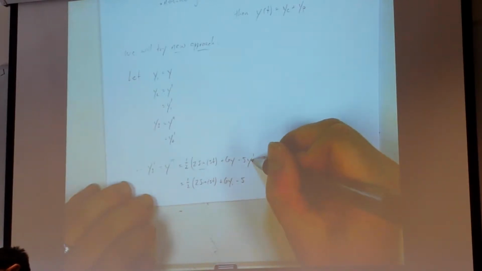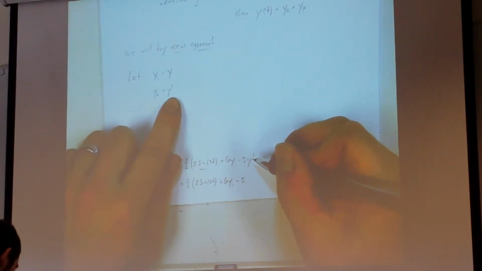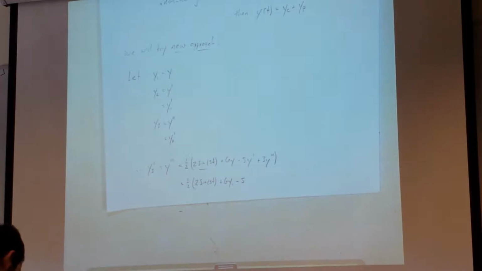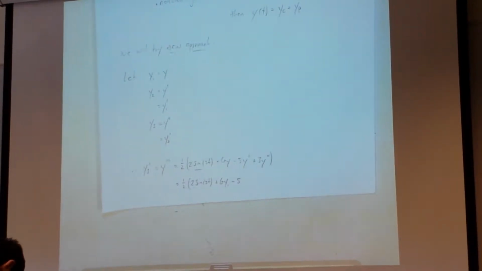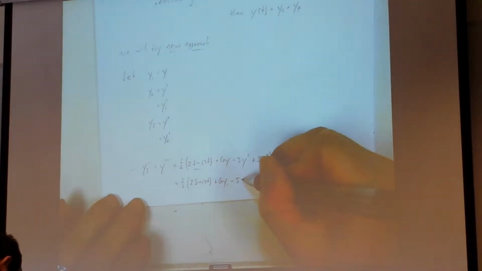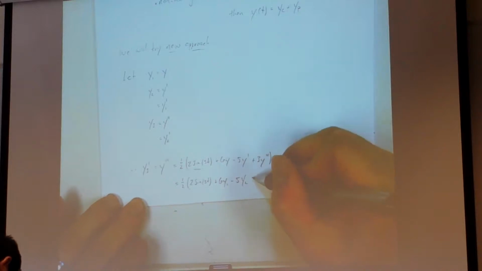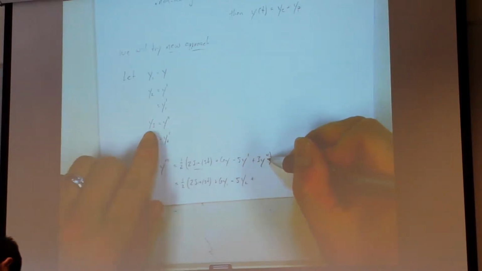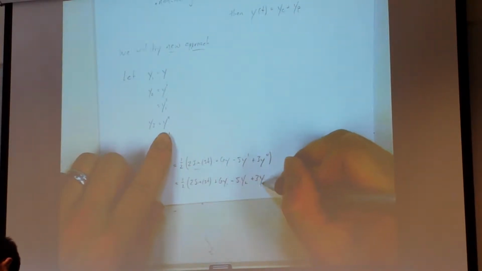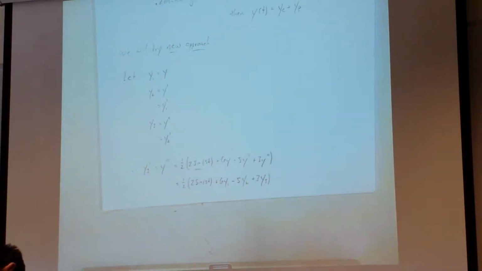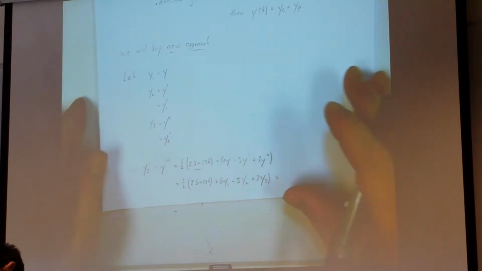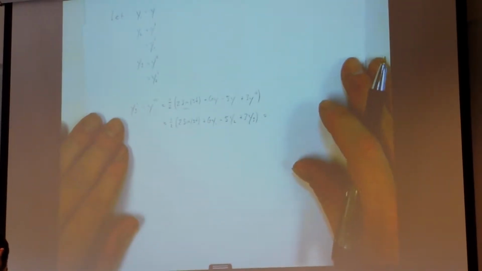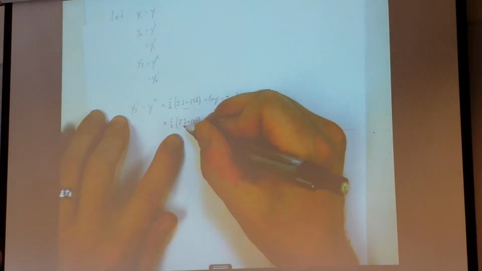Minus 5y prime. Y prime is just y2. Plus 3y double prime, that's y3. Now if I push that 1/2 through there, I'm going to move that term to the back.